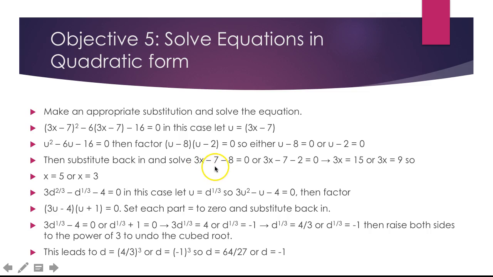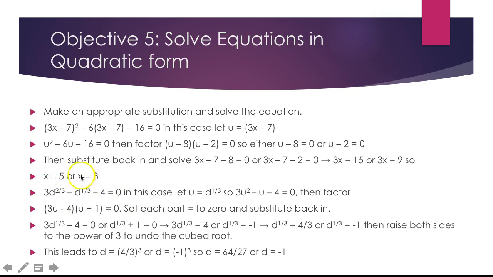You get 3x minus 7 minus 8 equals 0, or 3x minus 7 minus 2 equals 0. So 3x is going to equal 15, or 3x is going to equal 9. So x equals 5 or x equals 3.